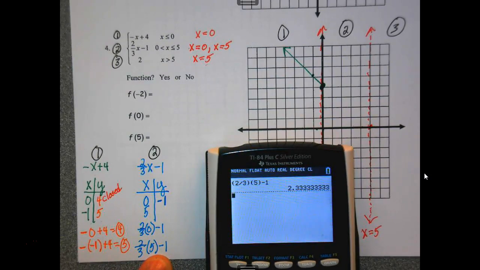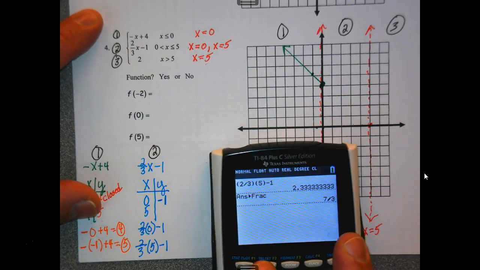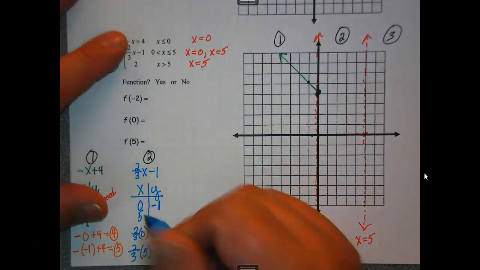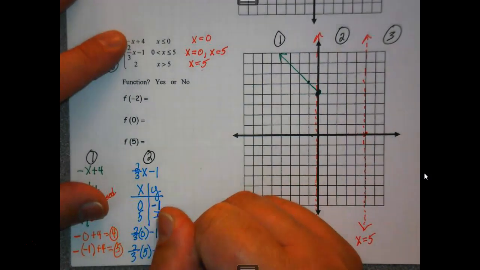Then I'm going to keep it as fractions because that's what we like to do in algebra. So math, enter, enter, and I get 7/3. So when x is 5, my y is 7/3.